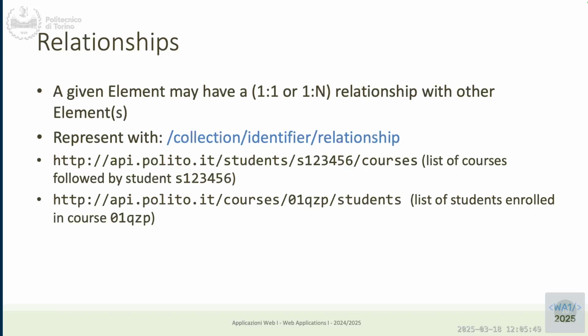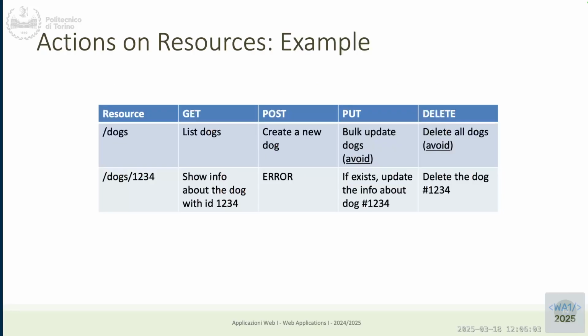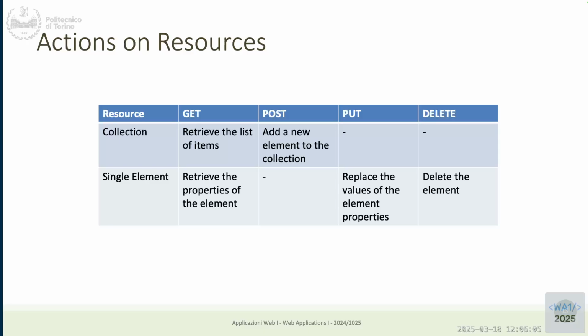And so we can express a lot of operations on the collection, on the item, or on the relationship by combining this way of expressing information with the 4 main verbs of HTTP.